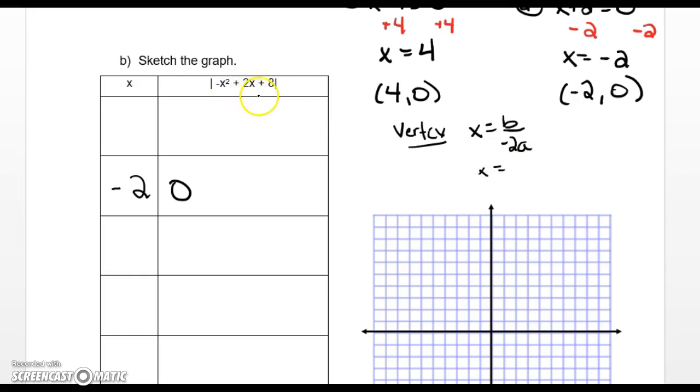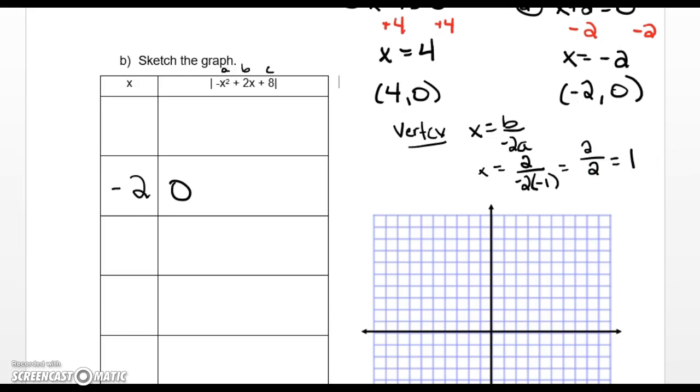Using our values here, our b value is +2, so we have 2 over -2 times a, which here is -1. So -2 times -1 is +2, and 2 divided by 2 is 1. That means our x value for our vertex is +1.